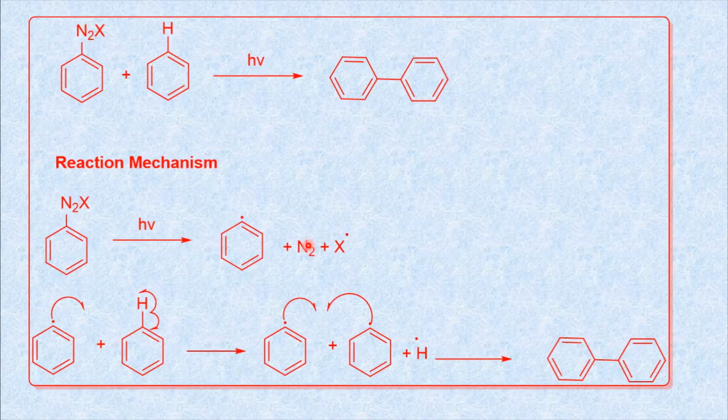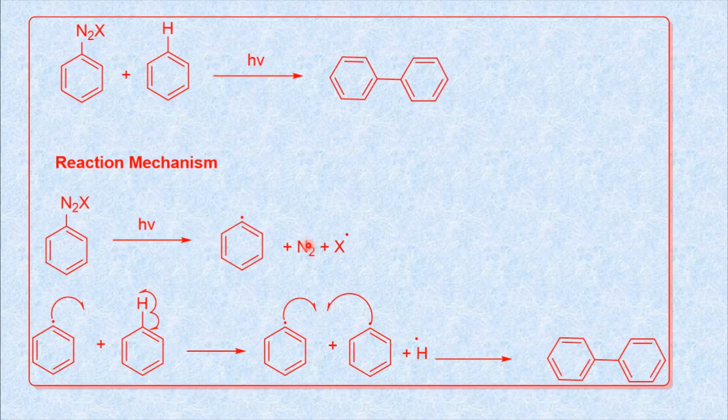There is no longer a difference between electron donating and electron withdrawing groups. This is because the radical is a neutral species and is not influenced by the polar properties of the substrate to any significant extent.